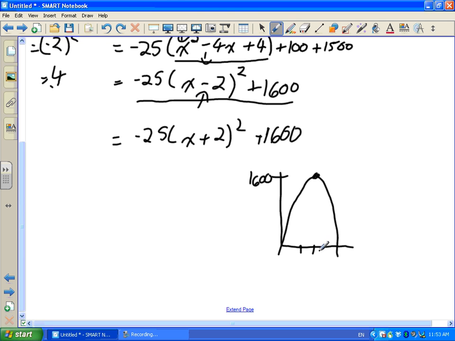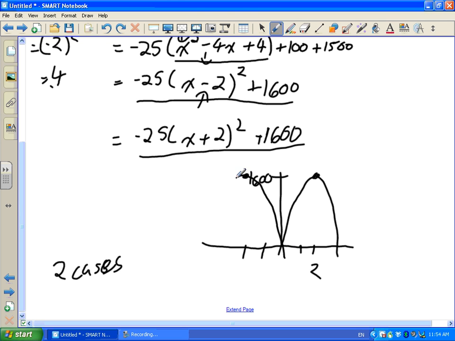Remember that. So in other words, they would need 2 cases. Whoops. Now because I didn't tell some of you guys to change that sign, you ended up with this answer, which means on your graph, you actually would have went this way. Okay? And apparently, mine is 2 cases.